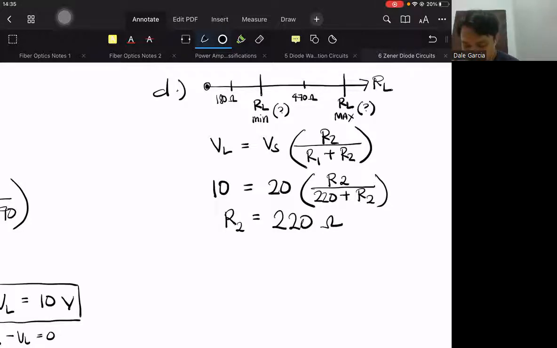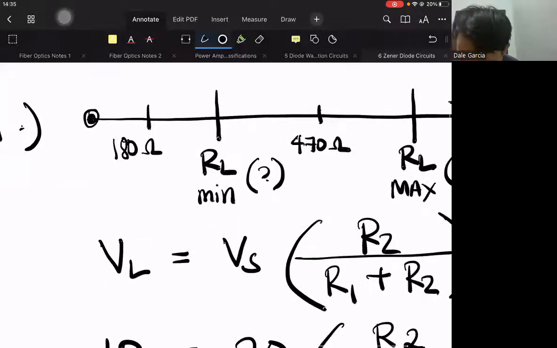Okay, seems logical because VZ is half of VS. It is 220 ohms, which is more than 180 but less than 470.